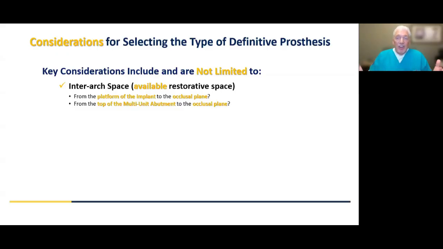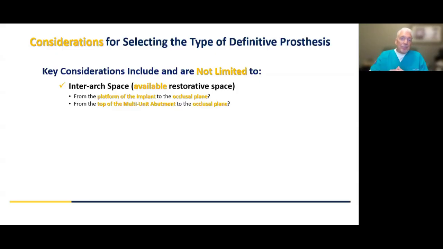It's the least expensive of most of the options out there, so maybe you want to go that way. Well, you're going to find out that you need more inner arch space for that versus, say, a zirconia. And if you haven't planned for that during the provisional by opening the vertical, many of these patients need to have their vertical opened before surgery. You should anyway, because a lot of these patients have a closed or collapsed vertical.